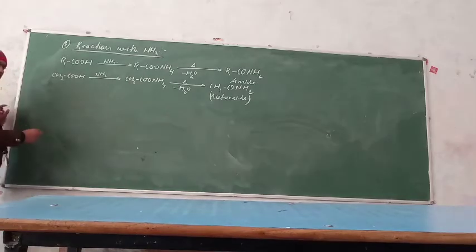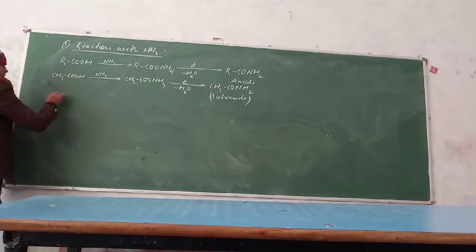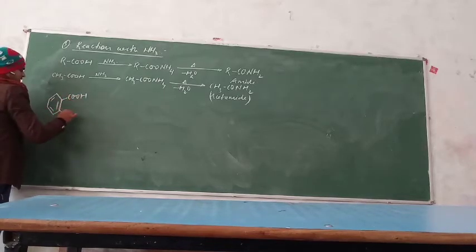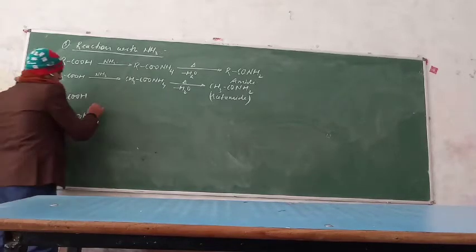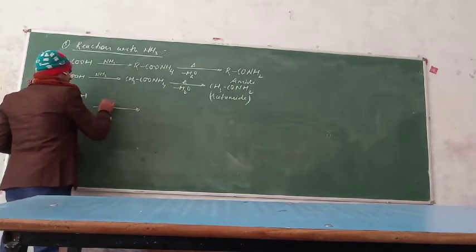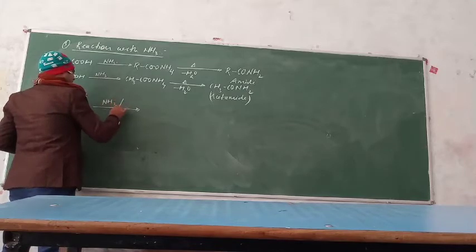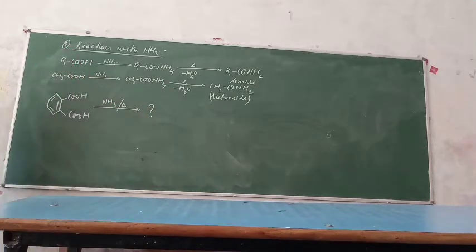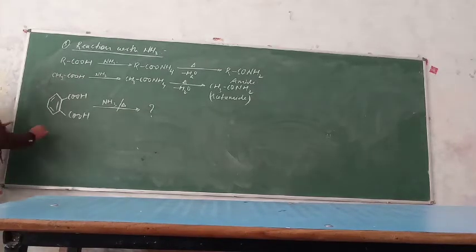Suppose a reaction is given to you: COOH, single bond COOH, and this compound is treated with the ammonia, then heated, which compound will form? Clear? So how will you complete the reaction?